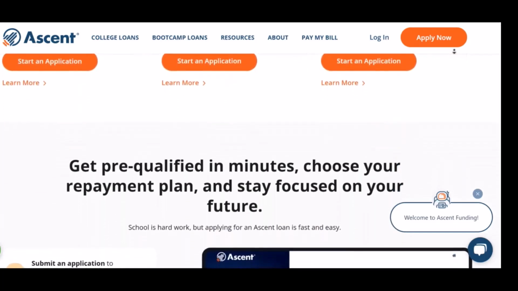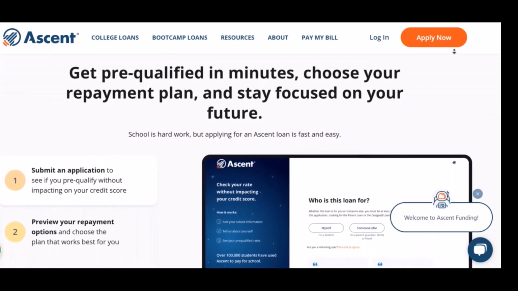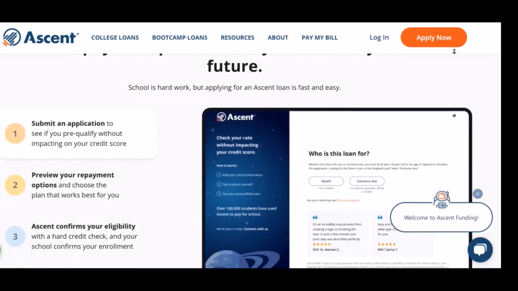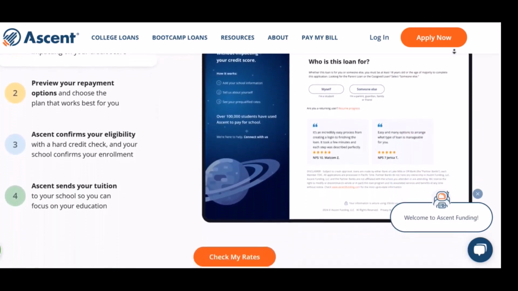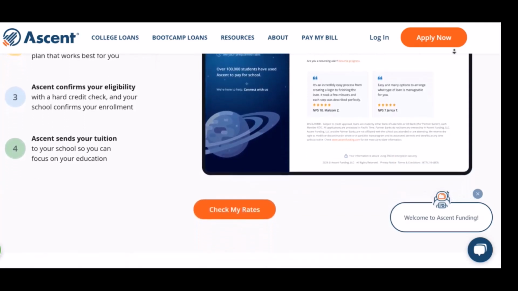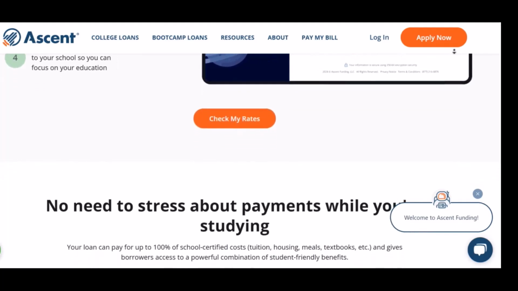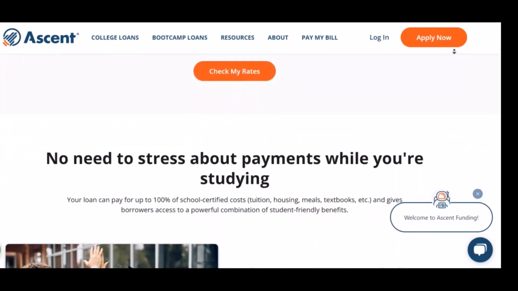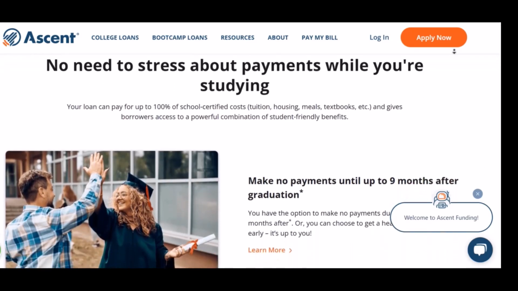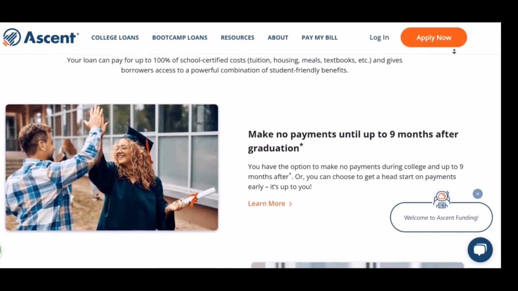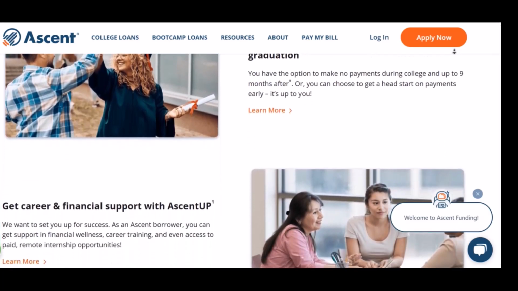Wise is regulated by financial authorities in the countries where it operates.